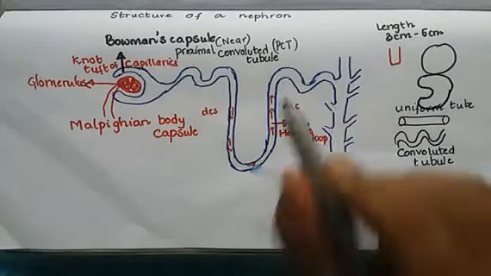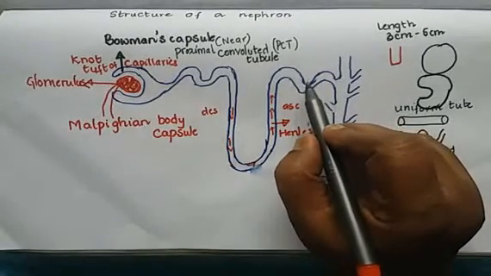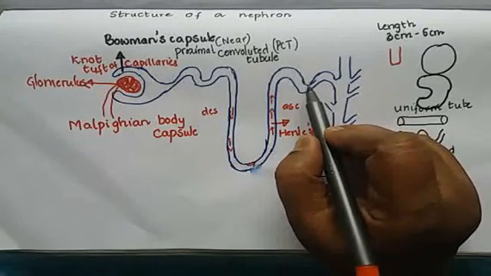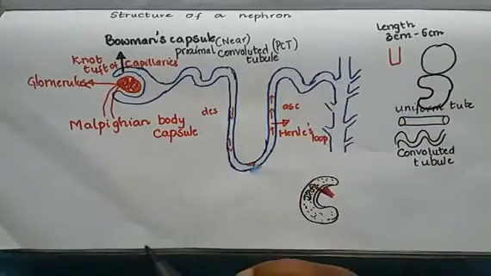So the next part of the nephron is one more convoluted tubule, which again has a twisted structure.